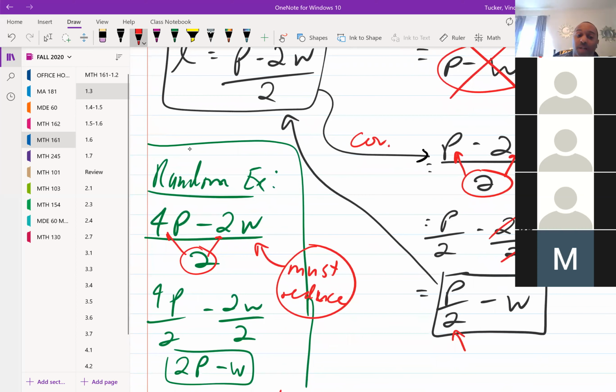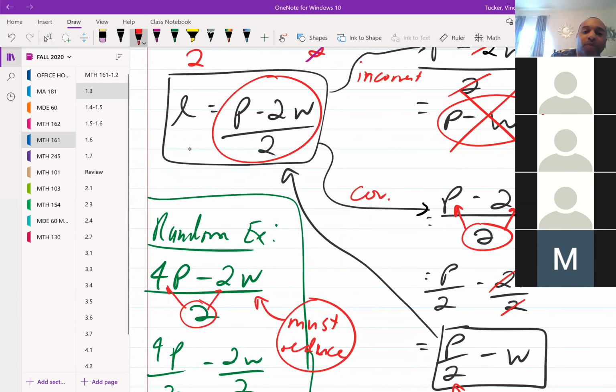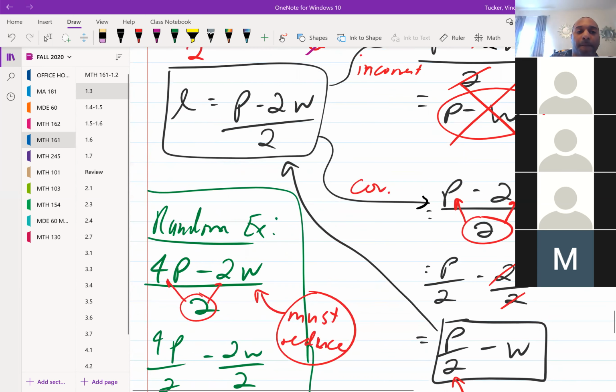You must reduce something like that because the 2 can divide into each term. And notice that'll be 4P over 2 minus 2W over 2, and dividing those 2's, that'll leave you with 2P minus W. So something like this, you are expected to reduce because the 2 can divide into each term evenly. Once again, when we initially had it, you didn't necessarily have to because there was nothing in front of the P that the 2 could divide into.